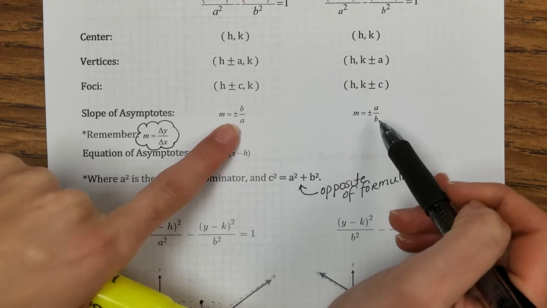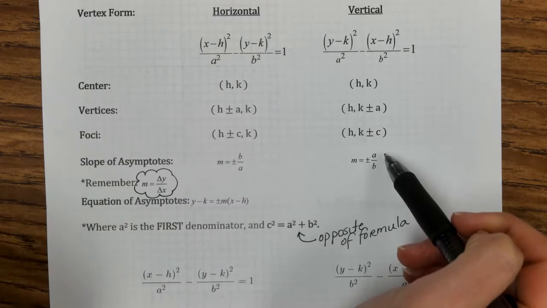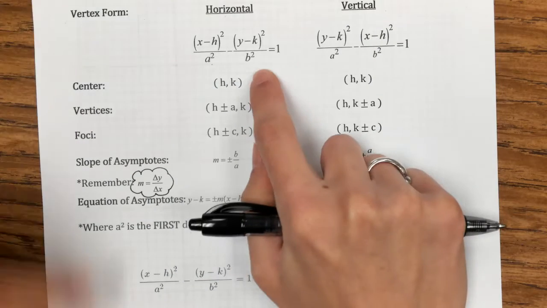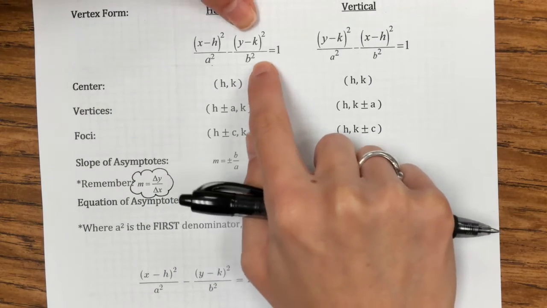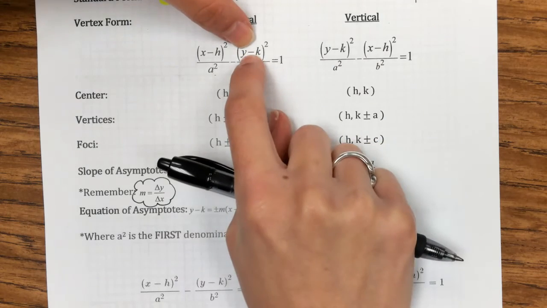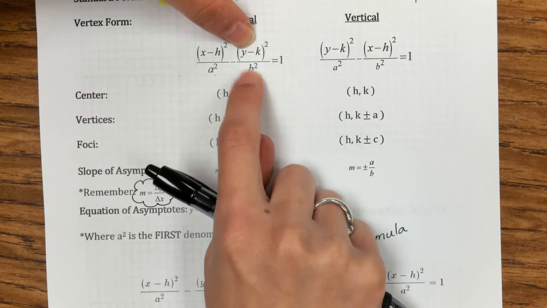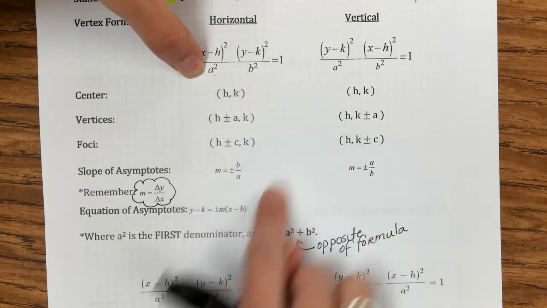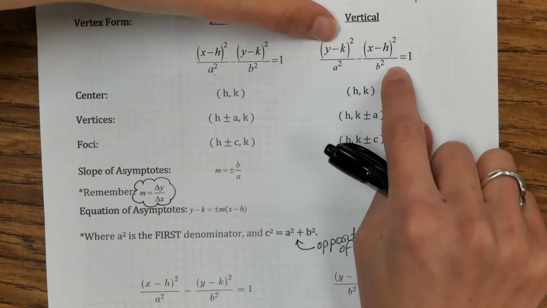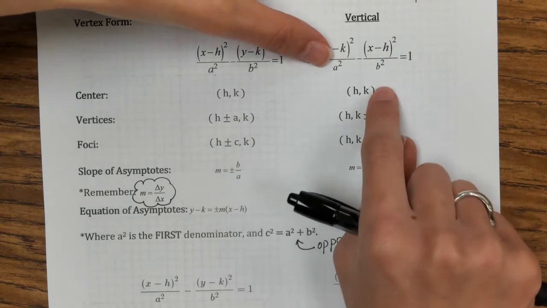You don't have to memorize which one is which, as long as you can understand change in y over the change in x. So if I'm looking at a horizontal hyperbola, the change in y, I'm going to find my y, the square root of that, so my b, over my a. That's how we get b over a, versus for a vertical, when you do change in y over change in x, that's why you're doing a over b.